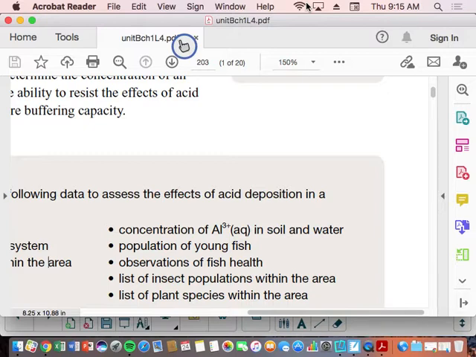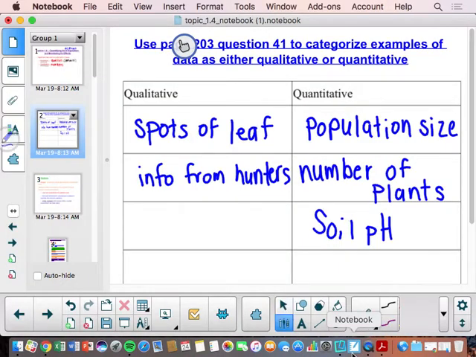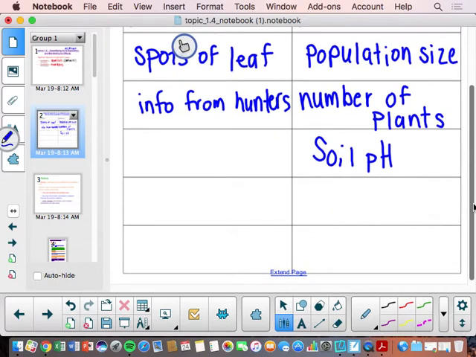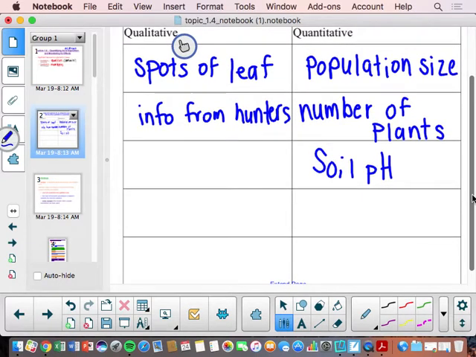Concentration of aluminum ions in soil and water. Concentration, is that qualitative or quantitative? You said two different things.